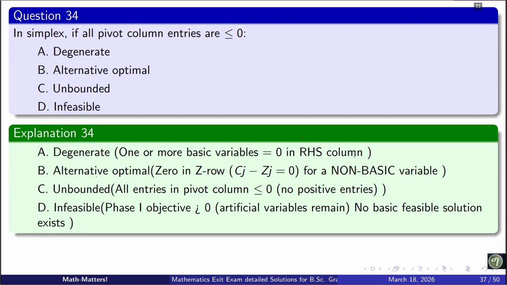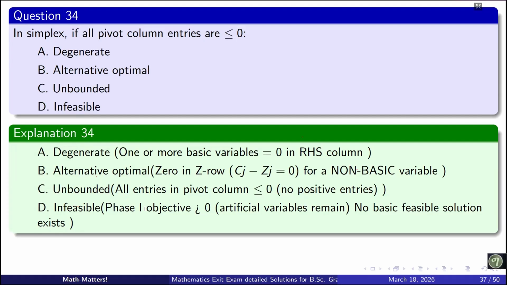Alternative optimal, whenever Cj minus Zj is equal to 0 for non-basic variables. Unbounded, if all entries in the pivot column are less than or equal to 0, no positive entries here.